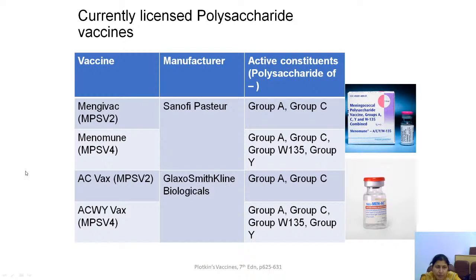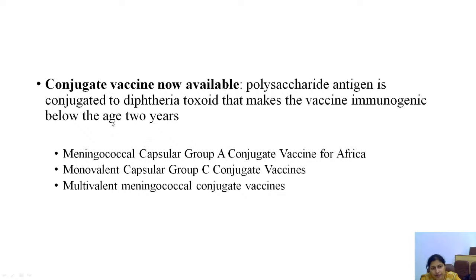The current polysaccharide vaccines available are Meningivac, Menohuman, ACVac, ACW, Vivax, from Sanofi and GlaxoSmithKline. They target groups A, C and W135.